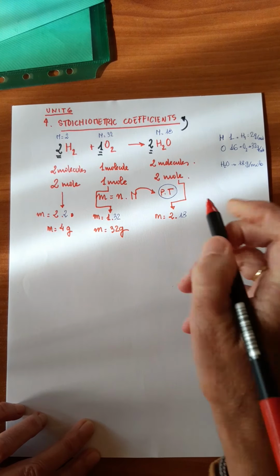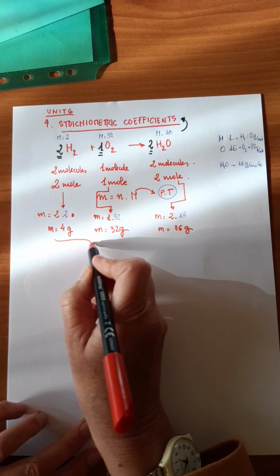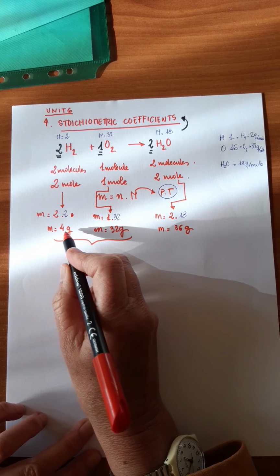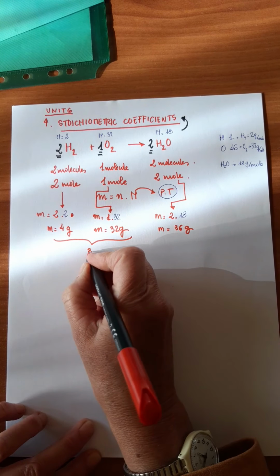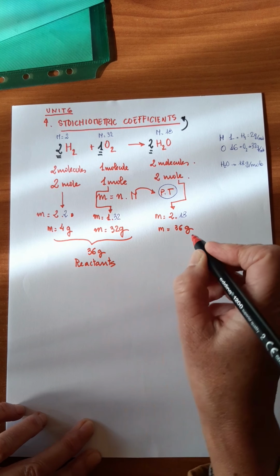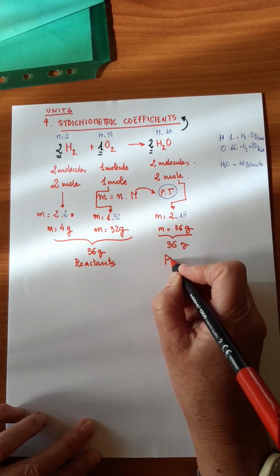So this gives us the result of 36 grams. So as you can see, if we add the 4 grams of hydrogen plus 32 grams of oxygen, we get 36 grams in the reactants and 36 grams in the products.